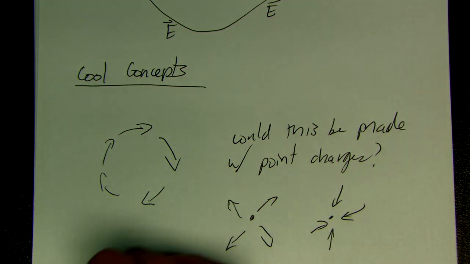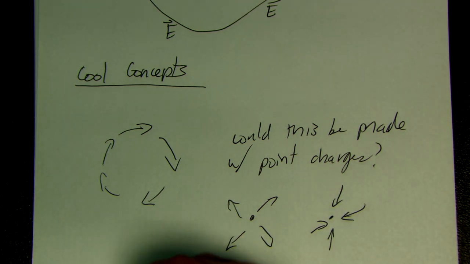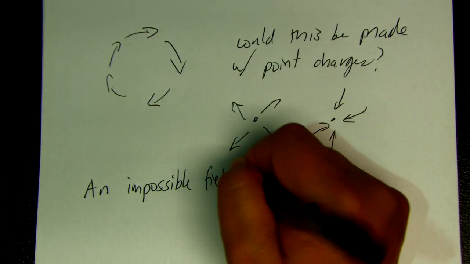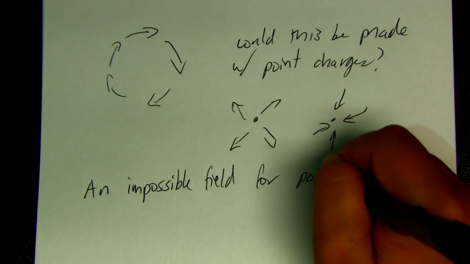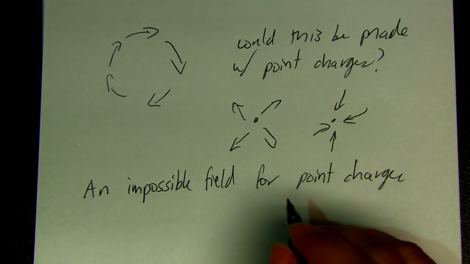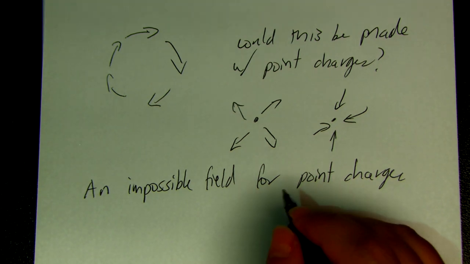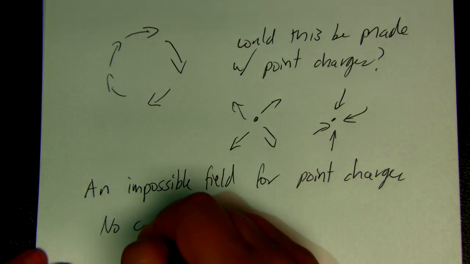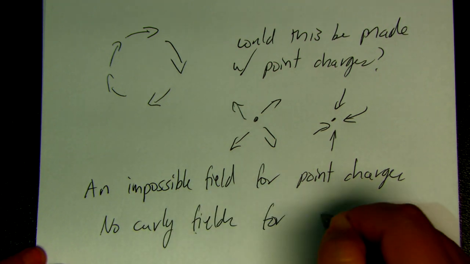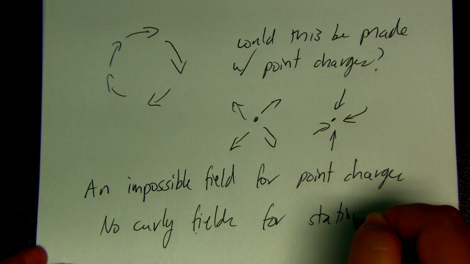So we have an impossible field for point charges. There are no curly fields for point charges. So no curly fields for stationary charges.